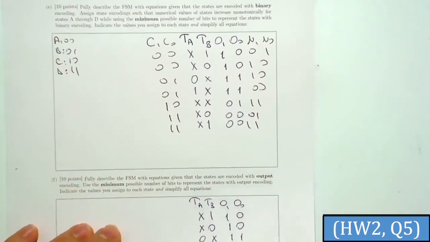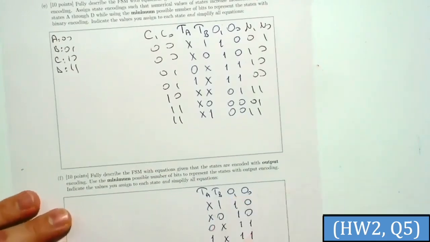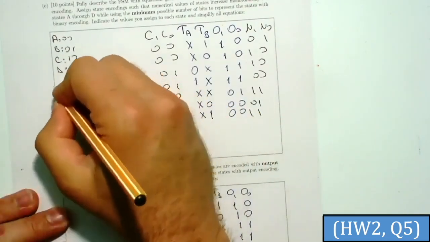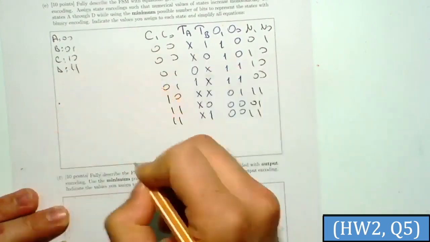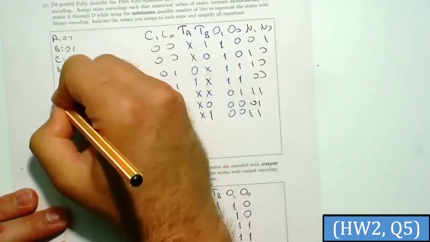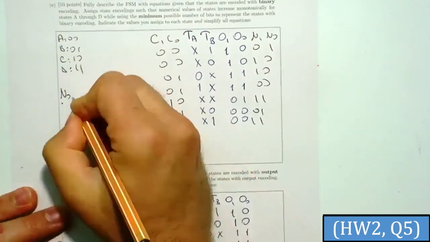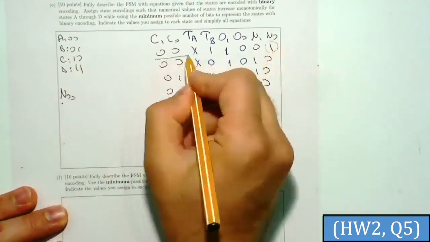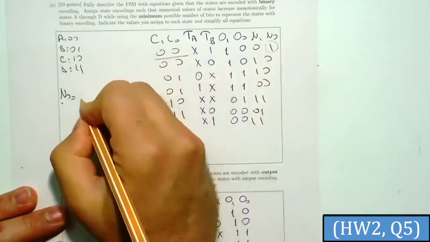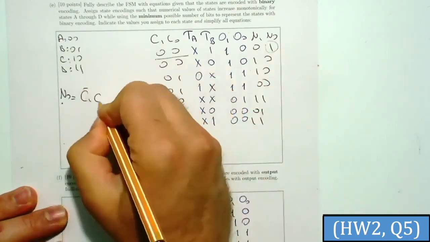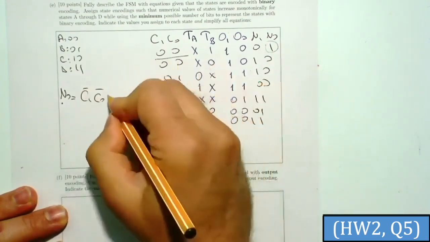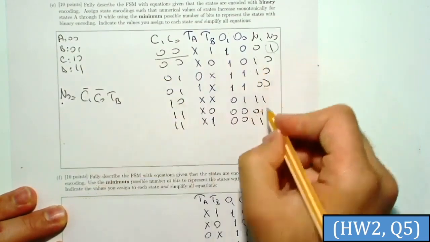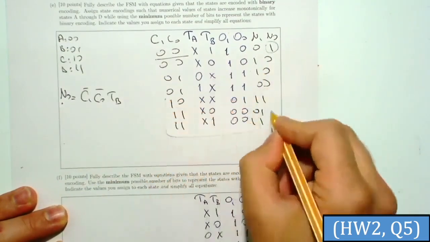And so yeah, let's write the next state logic unit for N0. I'm going to write it here. For N0, I have 1 here, 4 here. So this means that C1 not, C0 not, and TB is 1. Okay. Or I have ones here.